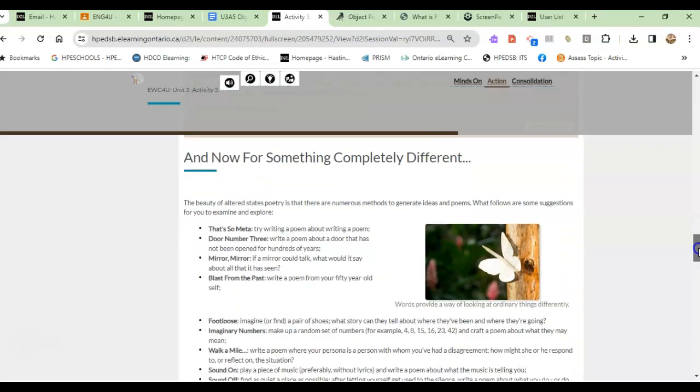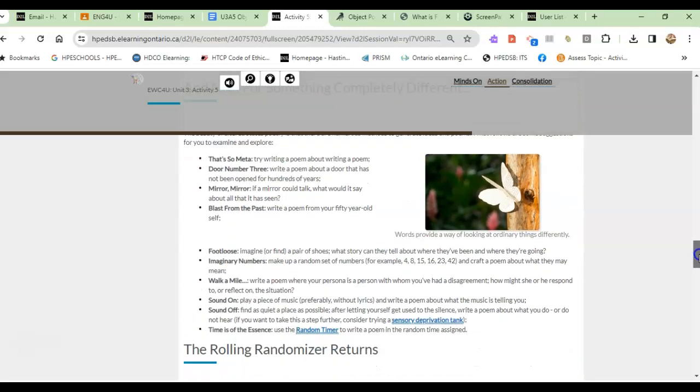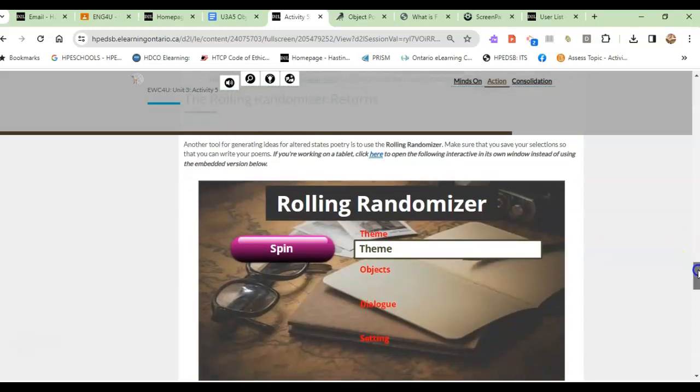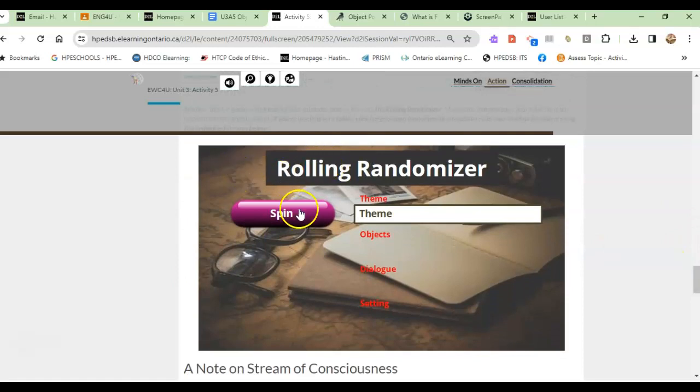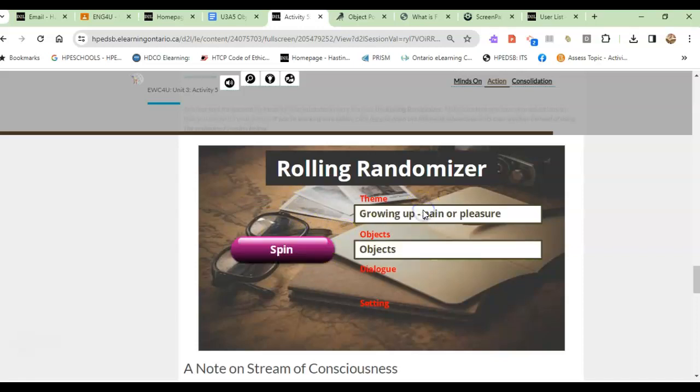So coming down here, looking at a number of different things in order to generate poetry ideas, the randomizer is just there so that you can generate some ideas.